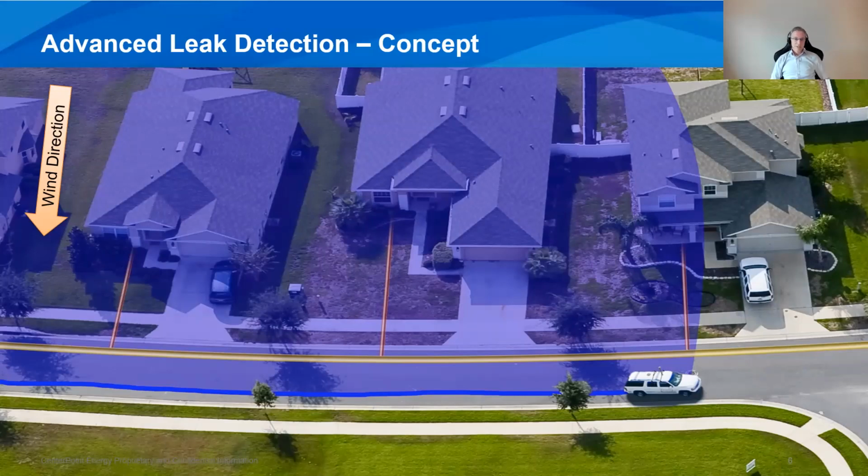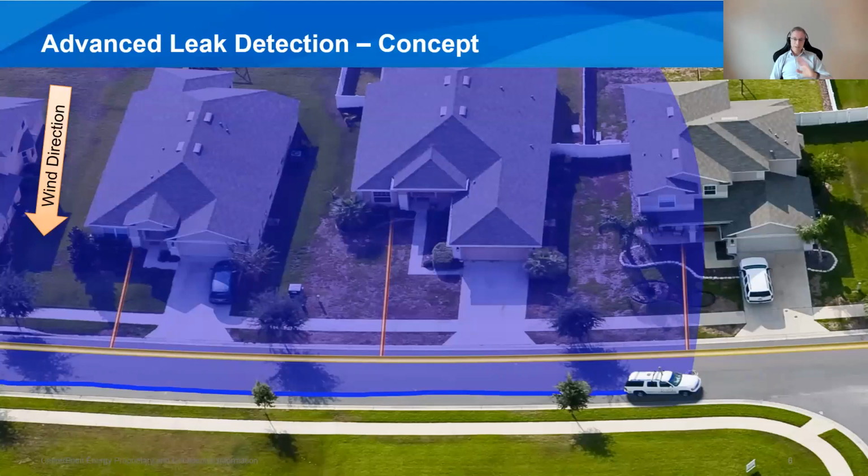So advanced leak detection is a wind-based measurement technique where we have to be downwind of a potential leak to detect it. So as you see, as we drive the vehicle alongside the mains here, if the wind direction is coming from the left side of the vehicle or the north, in this particular view from the top, effectively the vehicle is scanning any methane plume originating above the vehicle.